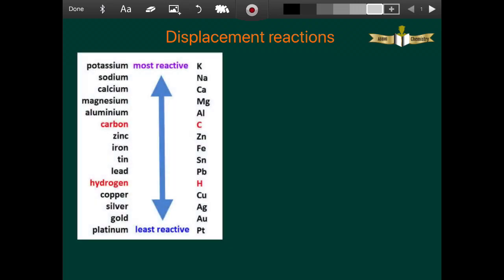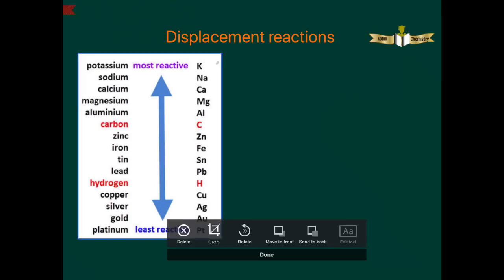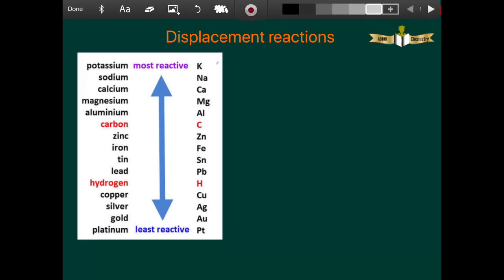This is a reactivity series table, in which you can find from potassium to aluminium, they are most reactive.